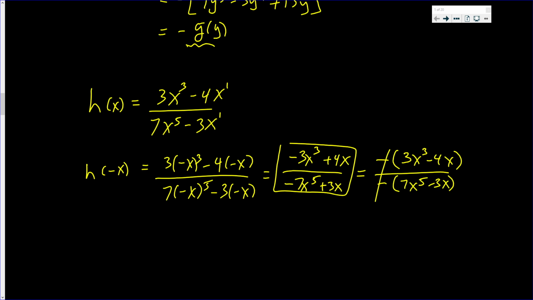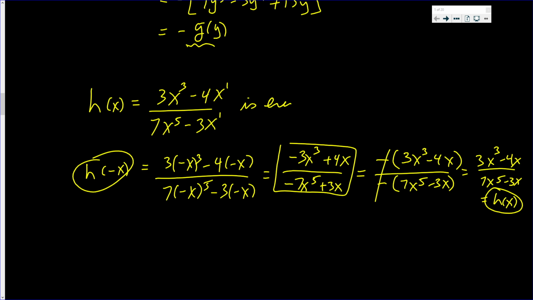Well, these negative signs cancel out, and we have 3x cubed minus 4x over 7x to the 5th minus 3x. But that's exactly h of x. So, since h of negative x is equal to h of x, this is an even function. Okay, h of x is an even function.